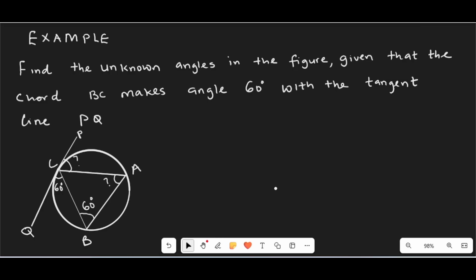By the alternate segment theorem, we can say our angle CAB is equal to angle QCB, and our angle QCB is given as 60 degrees, so we can say our angle CAB equals 60 degrees.